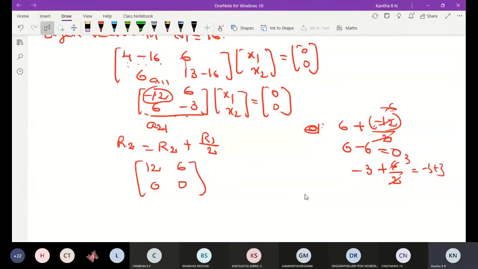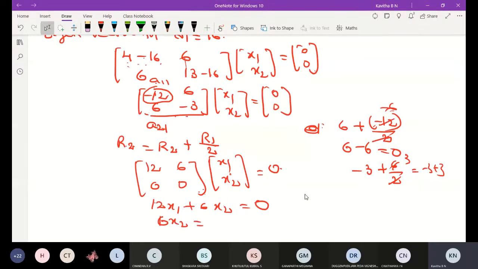Into x1 and x2 is equal to 0, means minus 12x1 plus 6x2 is equal to 0. Next is 0x1, 0x2 is 0. Then 6x2 is equal to 12x1.